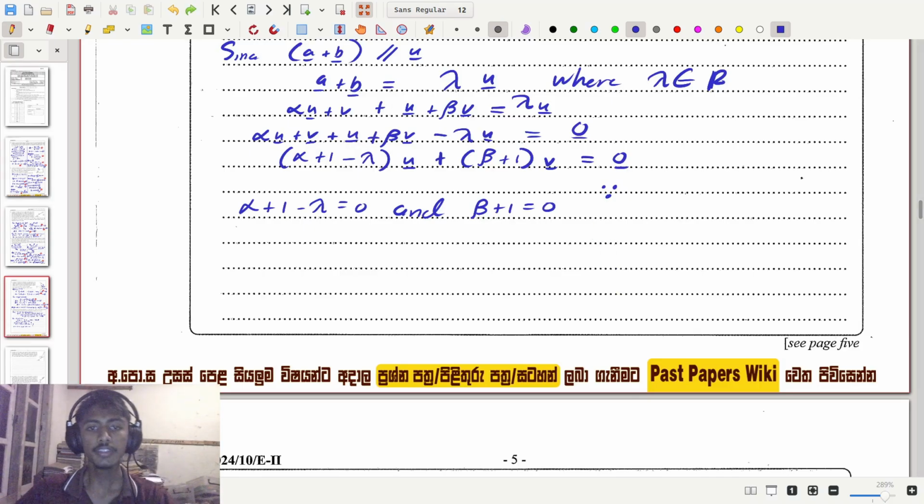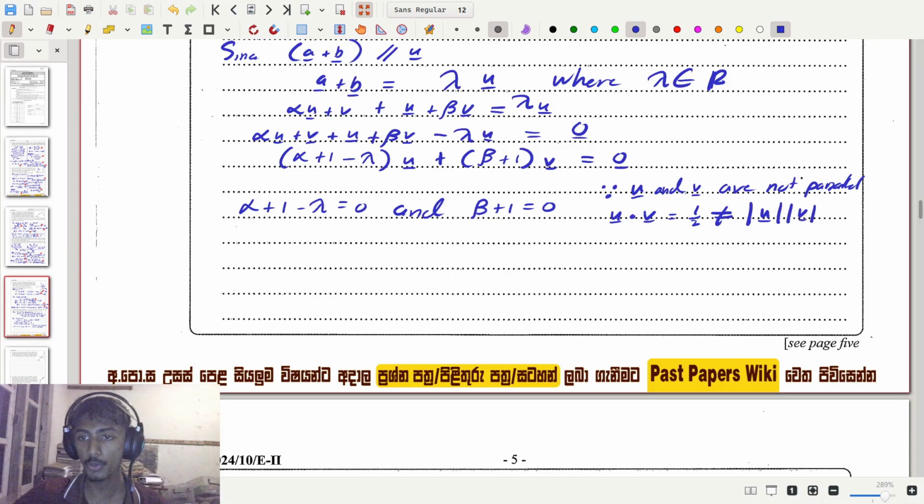I'm going to say this is true because u vector and v vector are not parallel. And as proof that they're not parallel, we are going to show that u vector dot v vector is equal to a half as given, which is not equal to the product of the magnitudes, u vector's magnitude times v vector's magnitude, which is itself equal to 1 times 1, which is 1.